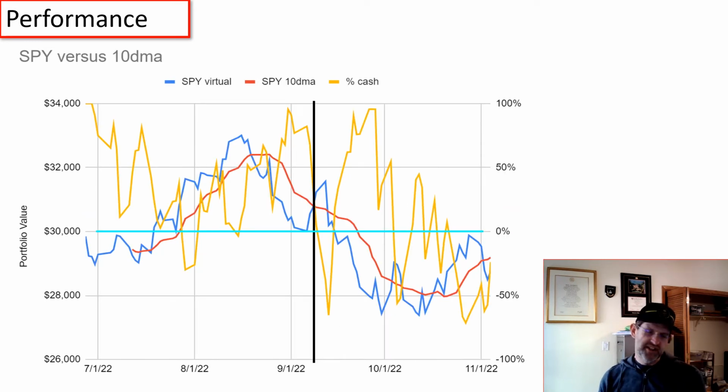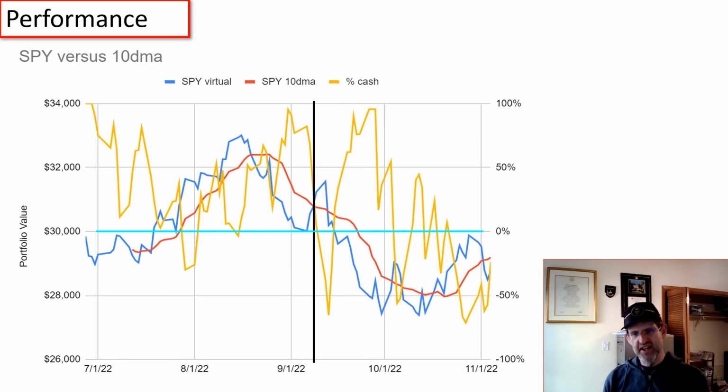One plot that I like to show here plots three things. The blue curve is the SPY virtual account. The red curve is the 10-day moving average of that account, and the yellow curve is the percent of that I'm in cash, plotted on the right-hand axis.